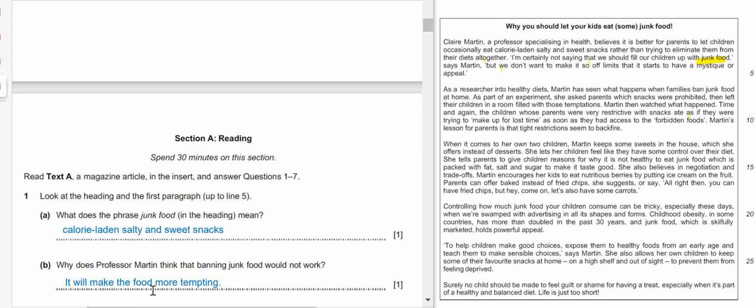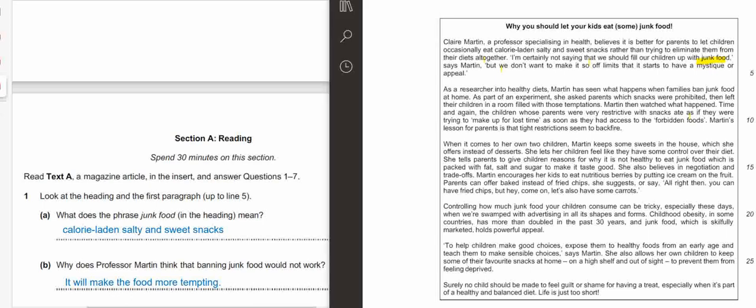Up to line 5, it's stated that it's more appealing. So when it's banned altogether, off limits, it starts to have a mystique and become appealing. So it will make the food more tempting for them. Let's move on to the next number.